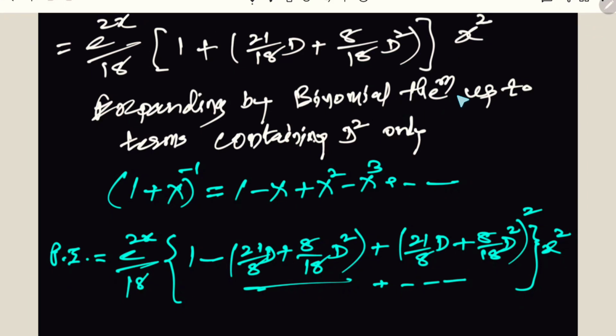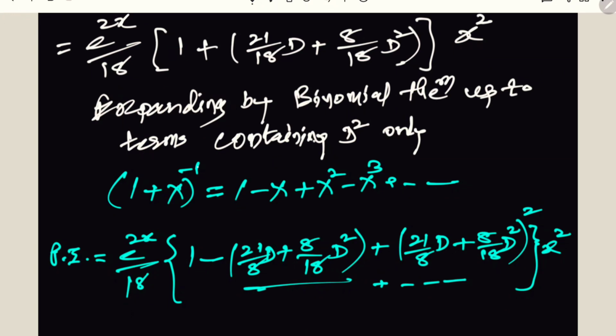This complete term we consider as capital X and whole raised to minus 1. Its expansion is 1 minus x plus x square minus x cube, and so on. Terms alternately positive negative, and therefore e raised to 2x by 18 as it is, no change.